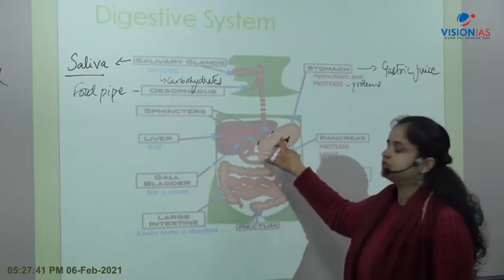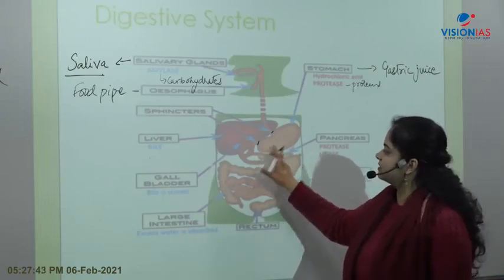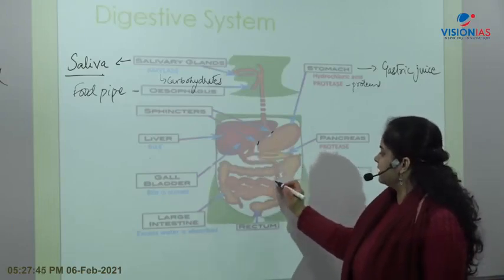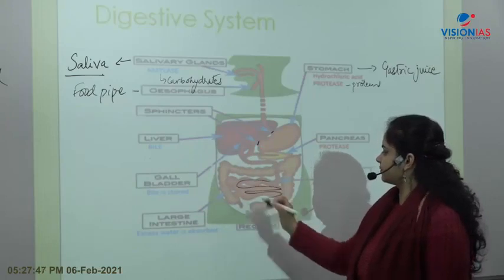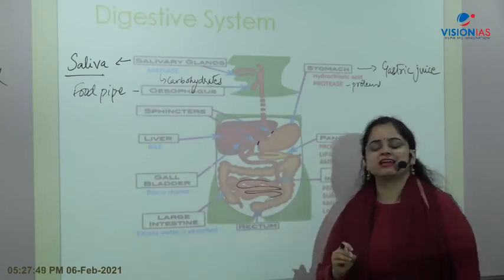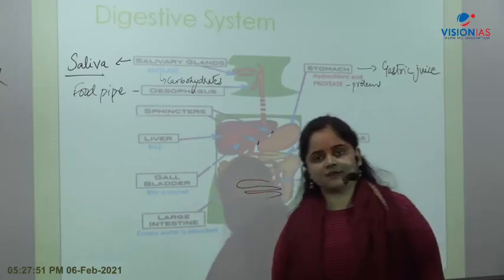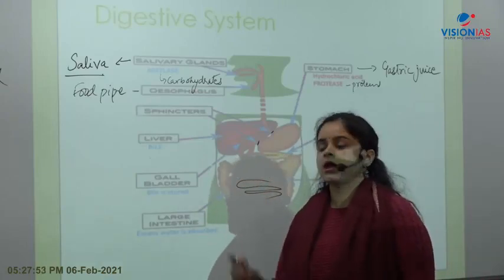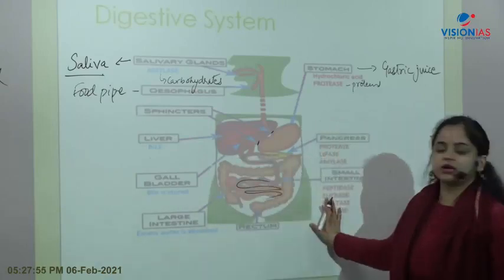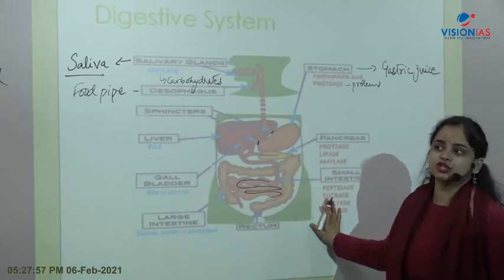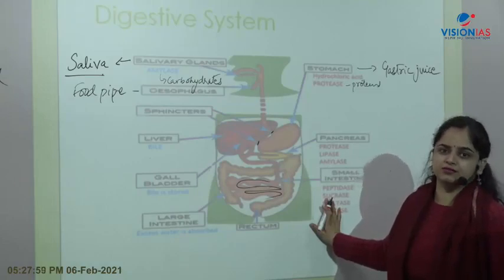Then after the stomach, the next part is the small intestine. The small intestine is a highly coiled part of your digestive system, but this coiled portion is actually the longest part of your digestive system.